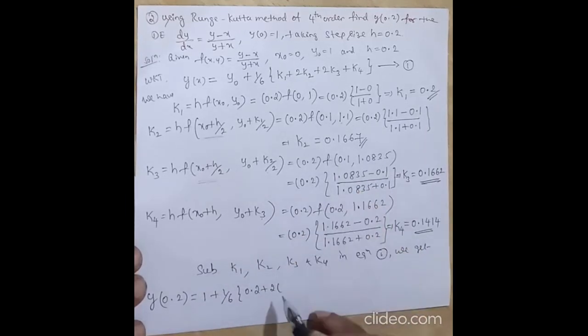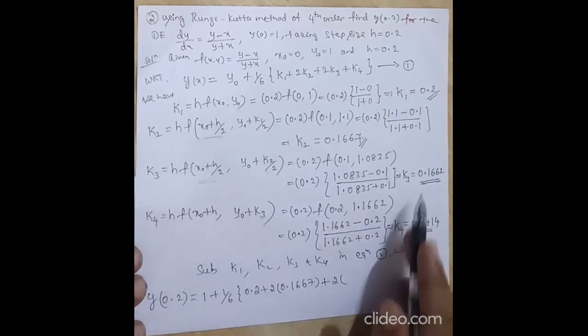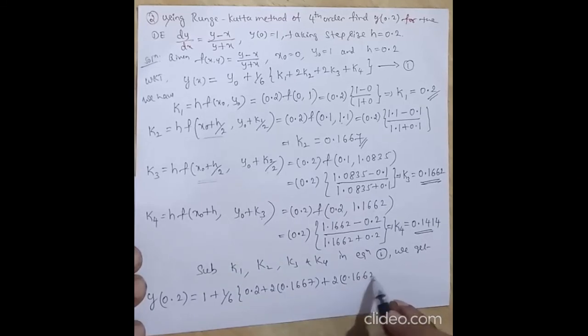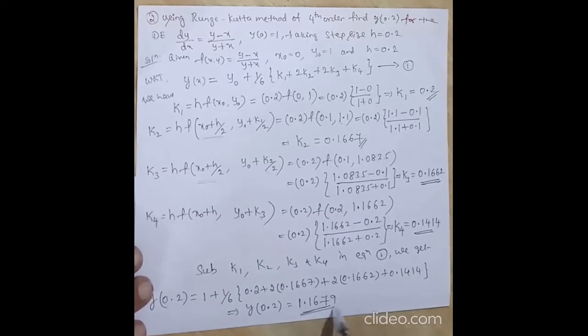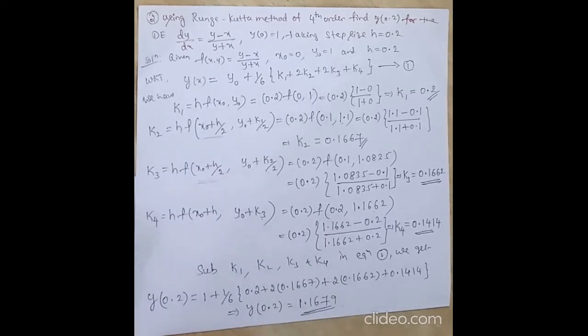What is k2? 0.1667 plus 2 into k3. What is k3? 0.1662 plus k4, 0.1414. So simplify this, make use of your calculators. We get the value of y at x is equal to 0.2. So it comes around 1.1679, and this is the required solution of your second problem. So this is how we can solve a problem by using the fourth order Runge-Kutta method.